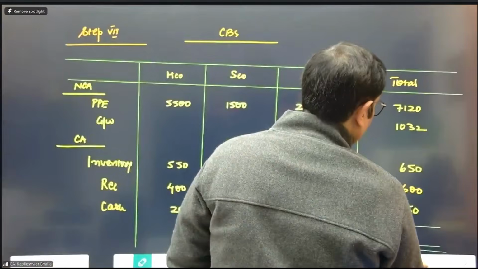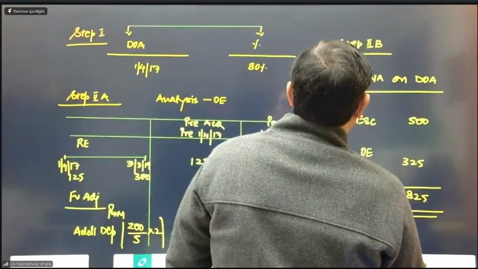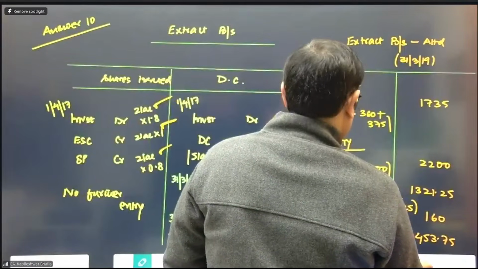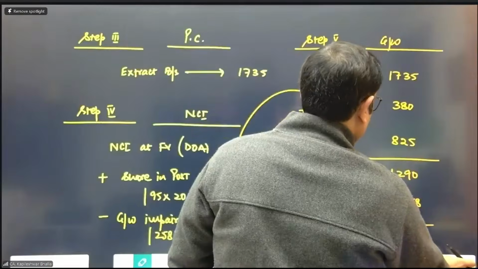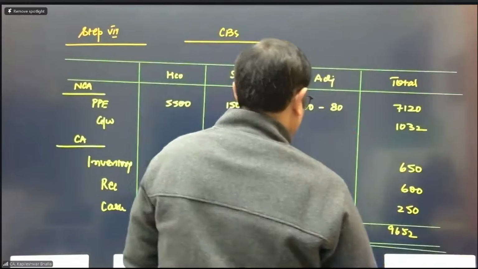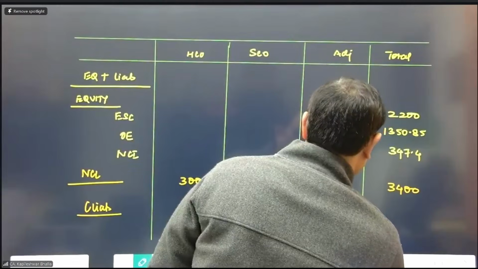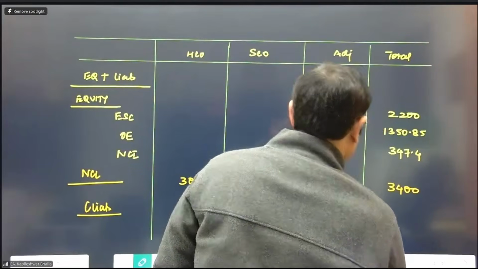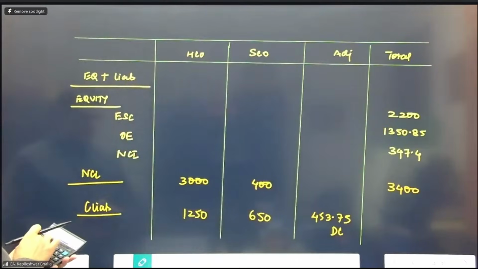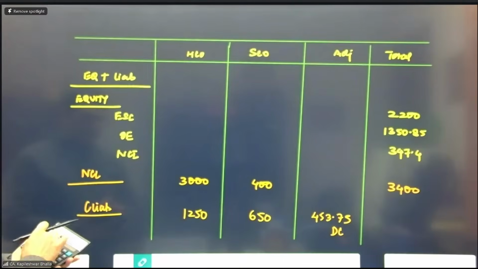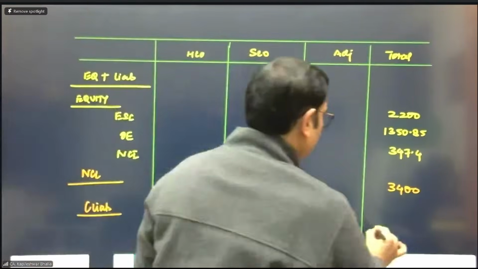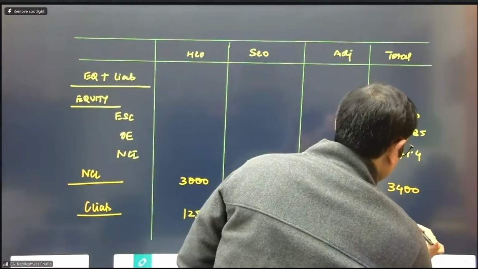Not rounded off: 453.75. That's the deferred consideration. So this is going to be 1,250, 650, 453.75, totaling 2,353.75.